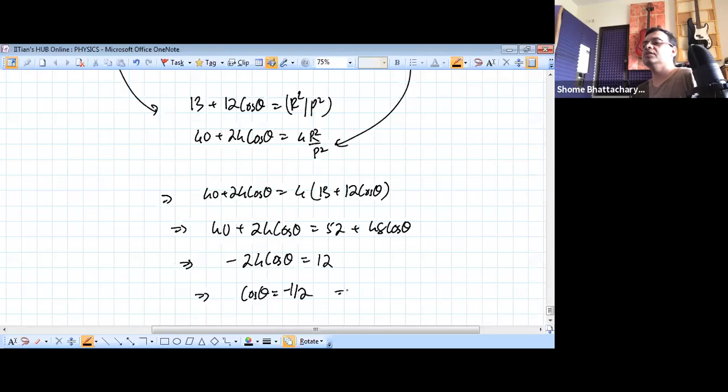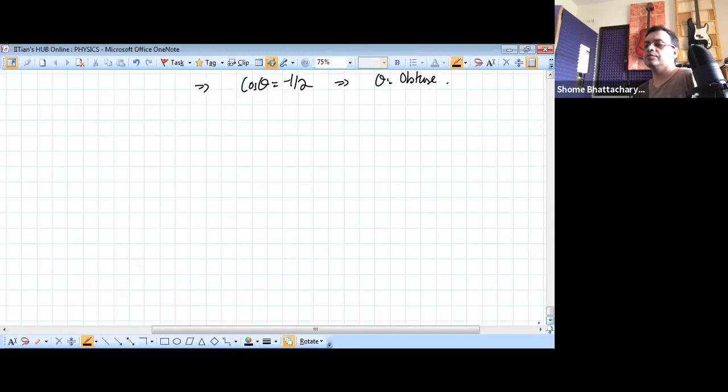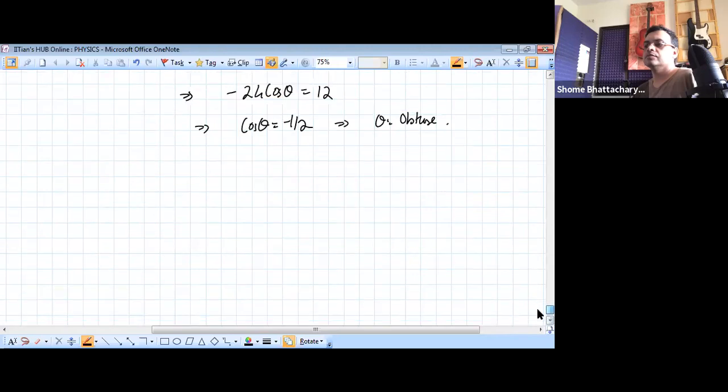So obviously that means that theta is an obtuse angle such that we use the obtuse angle formula, we will get that relation, that cos of 180 minus theta is minus cos theta. So that will become minus of minus half, because cos theta is minus half.